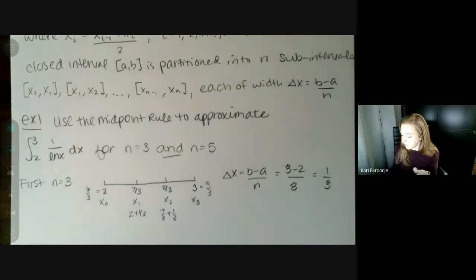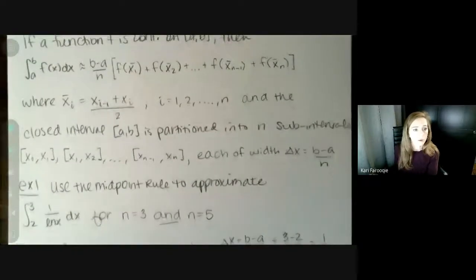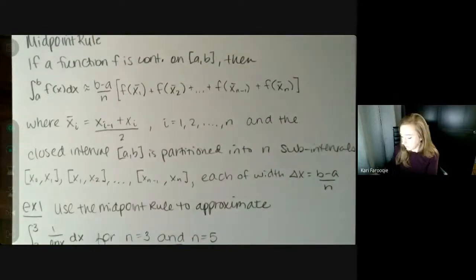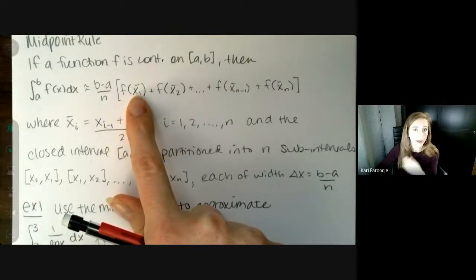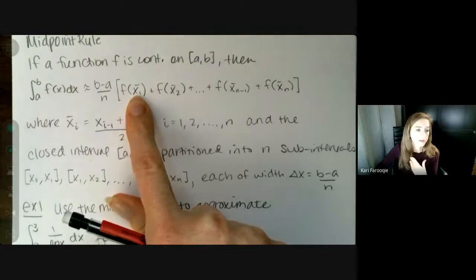Okay. So we have these values for our x sub whatever numbers they are. What we need for our formula, going back up to our midpoint formula, is function values evaluated at the x bars. These would be the average values between the values.